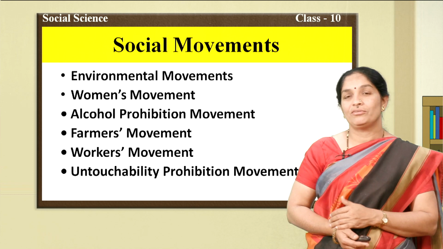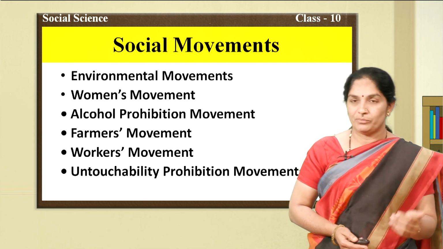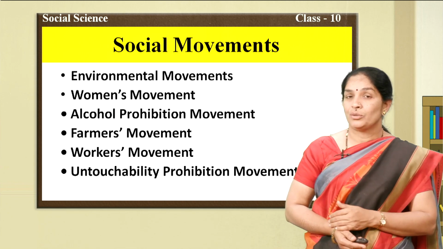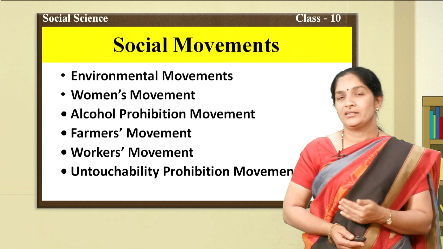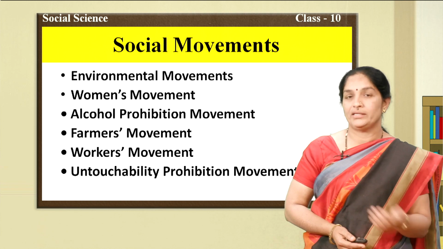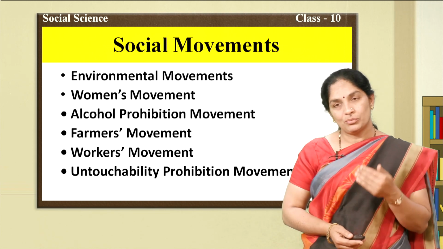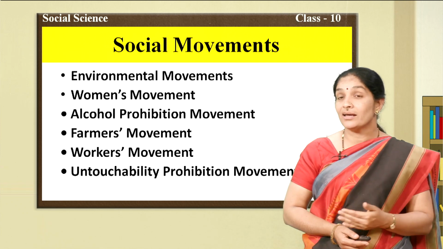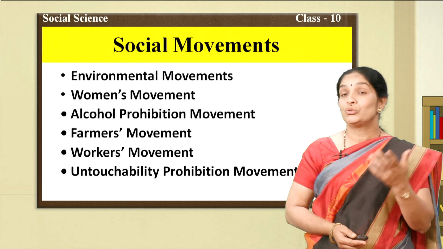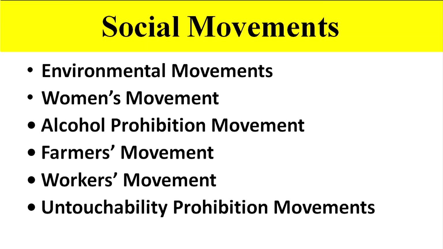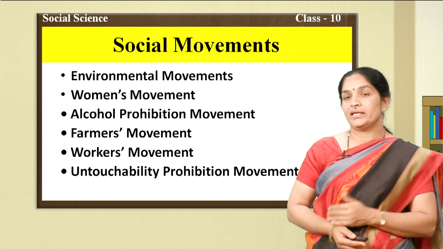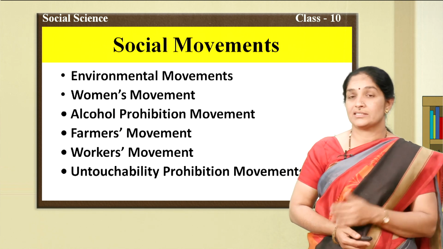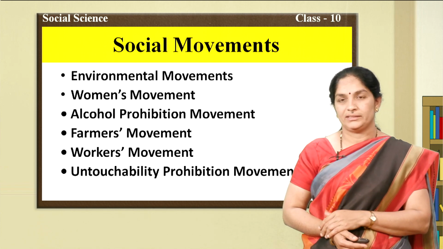In the next class, we are going to discuss different environmental movements and the women's movement which started to oppose the exploitation of women, and the alcohol prohibition movement and the farmers movement which began with the denial of the land taxes and to draw the attention of the government towards their problems, and the workers movement which started to uphold the workers' rights and the untouchability prohibition movements. We have to discuss briefly all these movements in the next class.